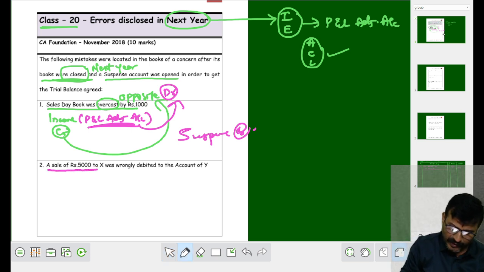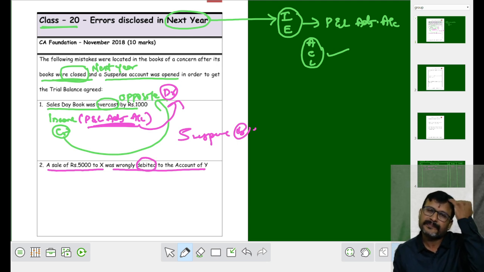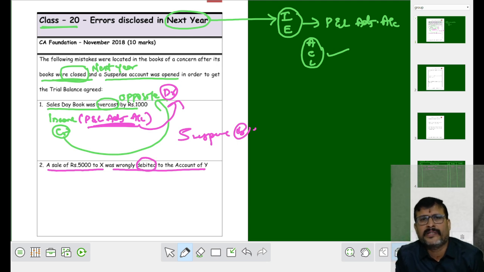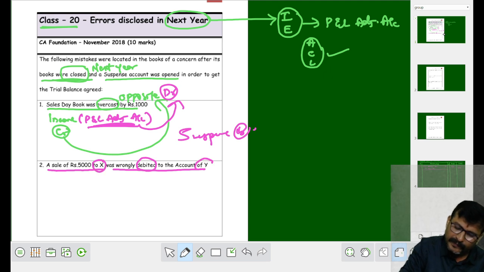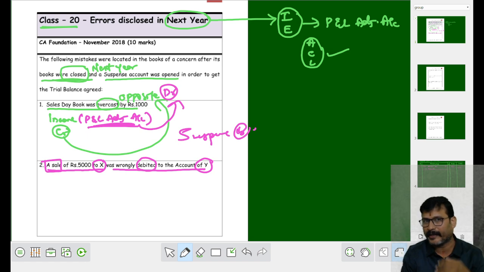Sale of 5000 to X wrongly debited to the account of Y. Now tell me, my dear student, where the mistake is committed? Is it in the account of X and Y, or is it in the sales? First you need to have that clarity. Otherwise, you will say sales means income, income means P&L adjustment.